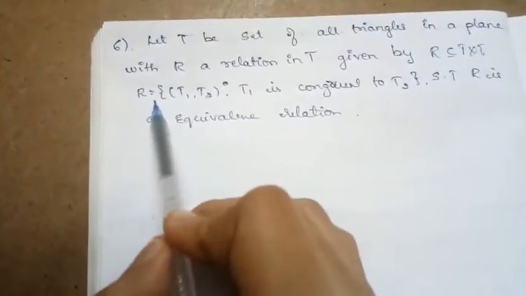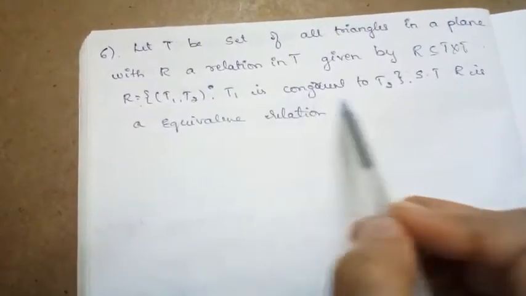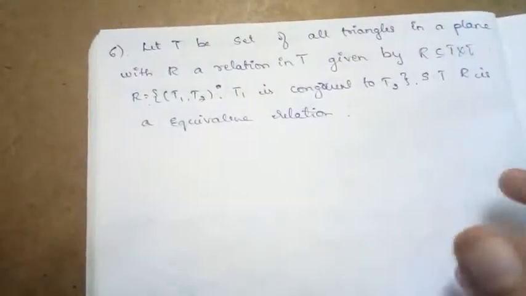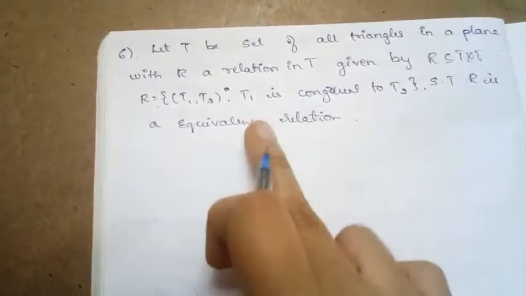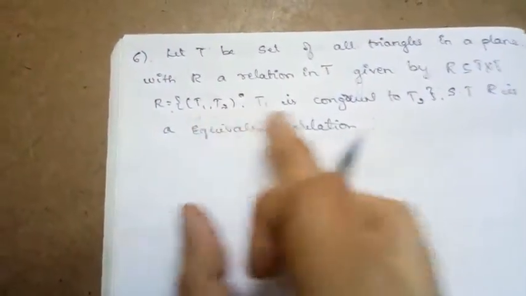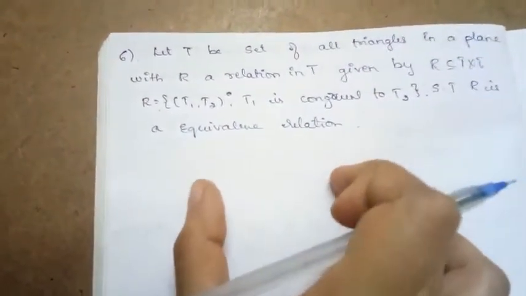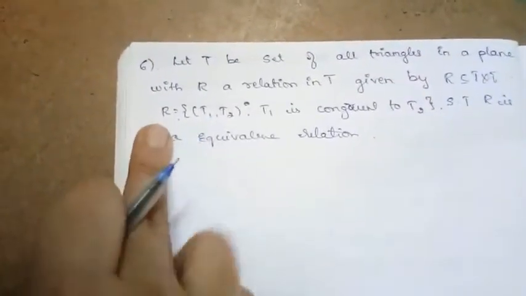So how is that relation defined? R is equal to T1 comma T2 such that T1 is congruent to T2. So what does congruency mean? If all the three sides and three angles of a triangle are equal to those of another, then the two triangles are said to be congruent. So they are saying if T1 and T2 are congruent to each other, then those two triangles belong to that relation.